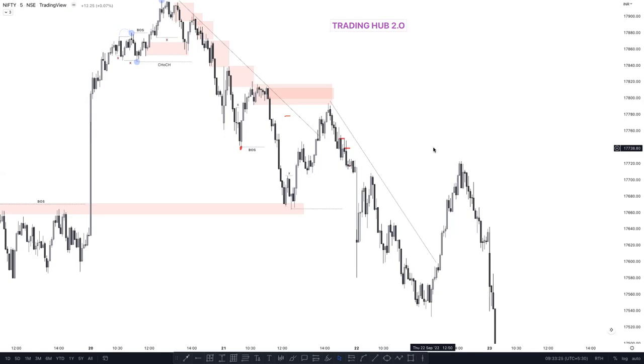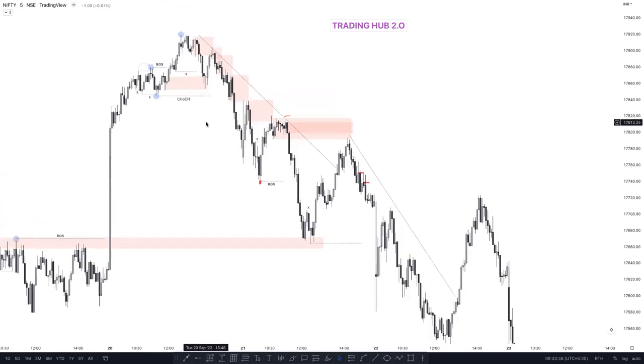And you can use one more thing, like if every order flow is mitigated, then you can use an unmitigated order block. For example, here everything is mitigated, but this one is unmitigated.